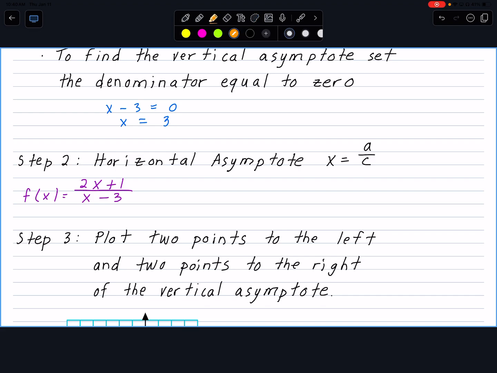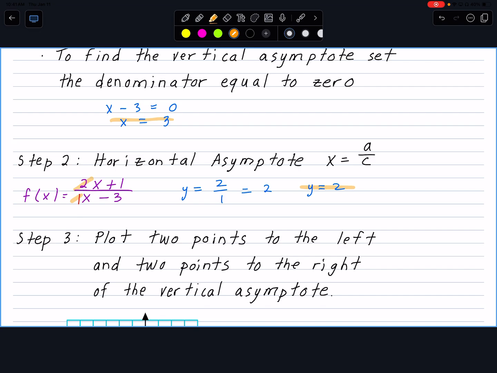In the numerator, the number in front of x is 2. In the denominator, if there's no number in front, the number is 1. So our horizontal asymptote is going to be the ratio of those two numbers, y equals 2 divided by 1, or 2. So our horizontal asymptote is the line y equals 2.